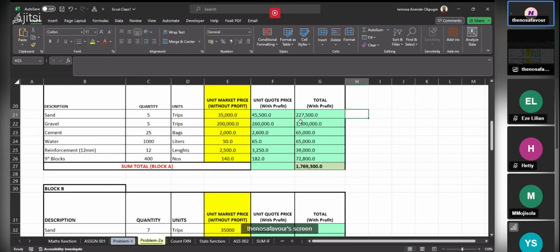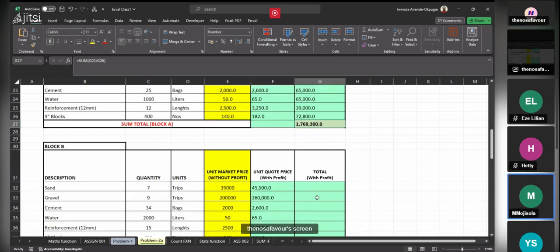For this now, if I do Alt equals to here, are you seeing what it's bringing? It's telling you, okay, is it that you want to sum these three adjoining columns? So for this code to work, it has to be close to whatever you want to sum. Alt equals to, yeah, Alt equals to.